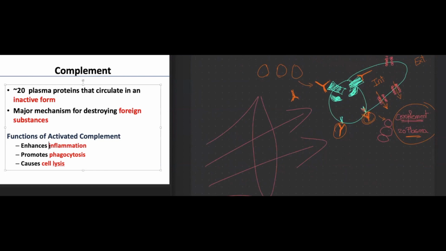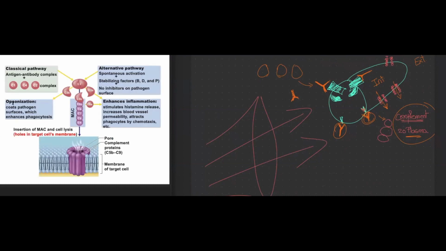Also, it's going to be enhancing phagocytosis by a process that we call opsonization. It's like putting sugar on a donut, for example. If you had a plain donut that doesn't have anything on it, you're less likely to eat it.